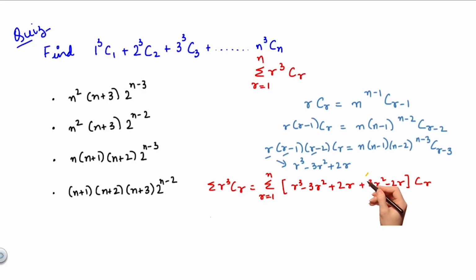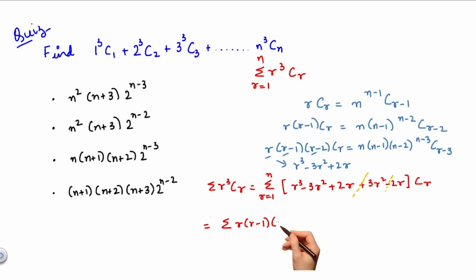Now I can split this expression about this plus sign and this minus sign. So my first term would become summation of r times (r-1) times (r-2) times nCr. As we already saw that r cube minus 3r square plus 2r was nothing but the expansion of (r-1)(r-2).